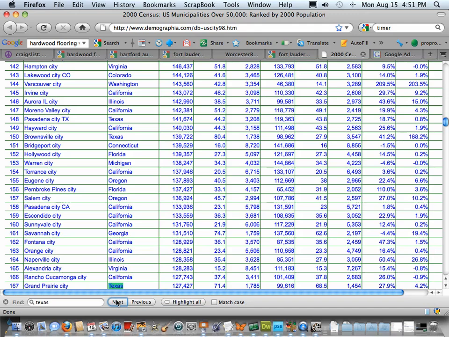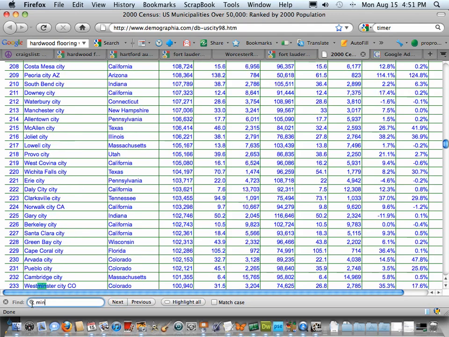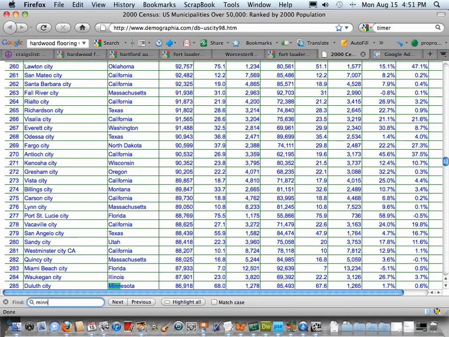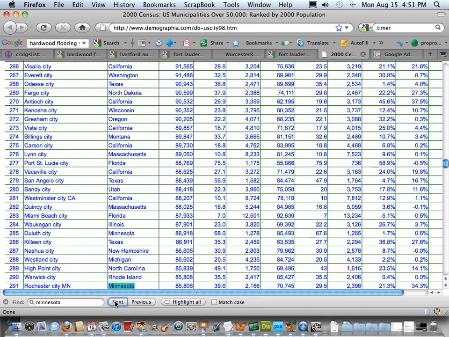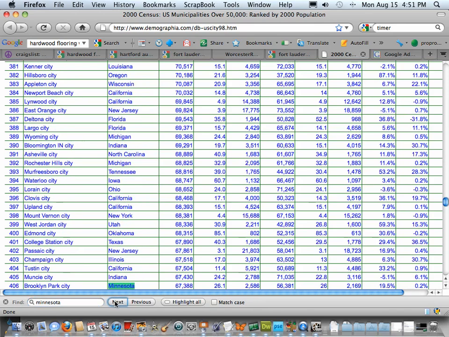Or Brownsville, or Grand Prairie. Even if you're in Minnesota, you have Duluth, Rochester City, Bloomington. What I'm trying to say here is just anywhere.